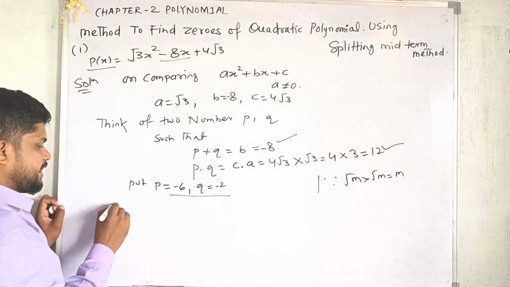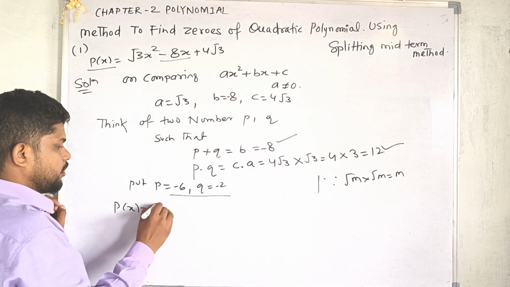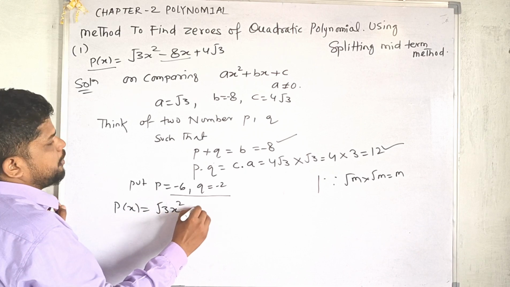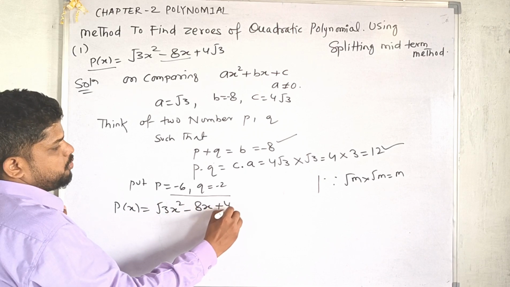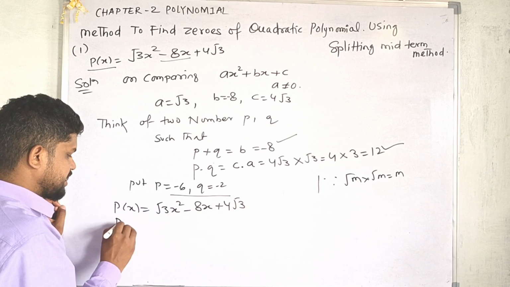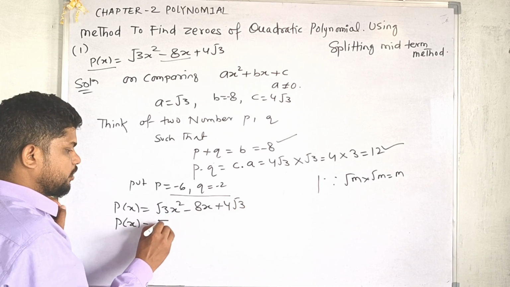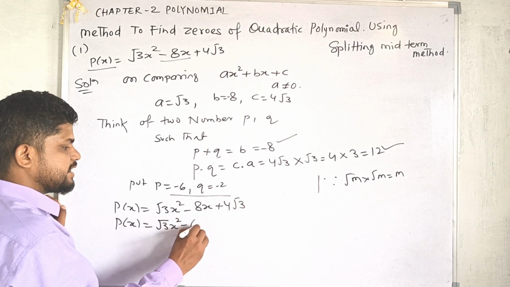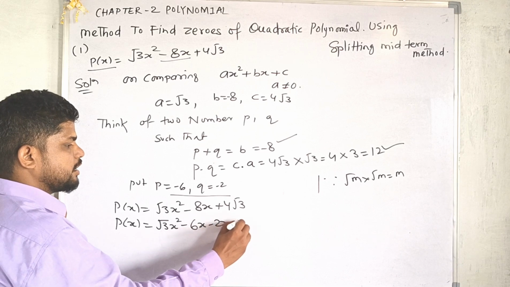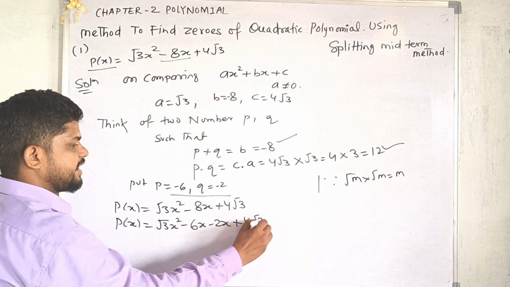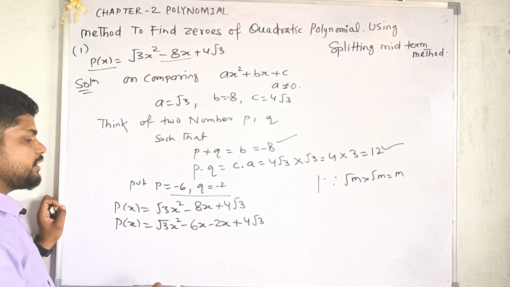So p of x, root 3x square minus 8x plus 4 root 3, can be written as root 3x square minus 6x minus 2x plus 4 root 3, isn't it? Here try to take common.